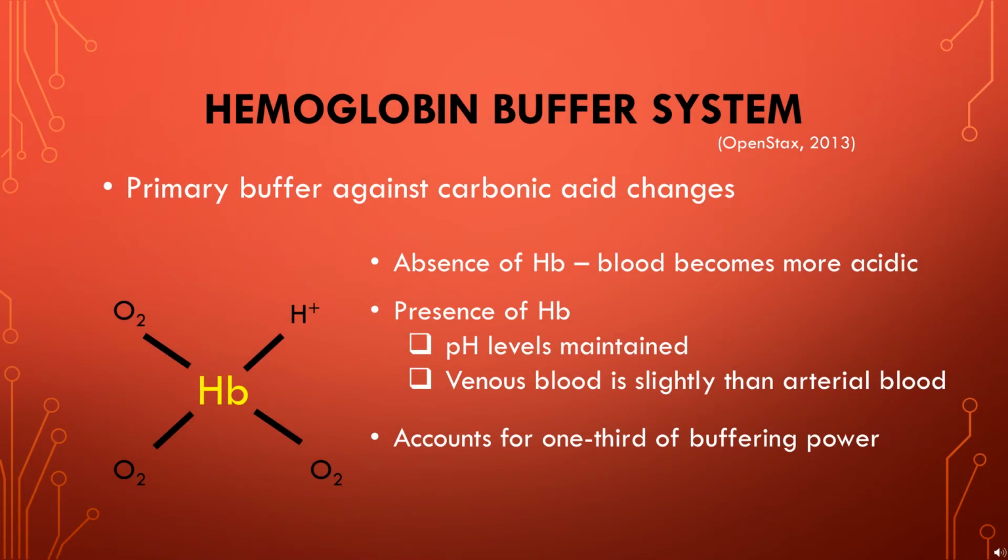The primary buffer against carbonic acid changes is the hemoglobin buffer system. Hydrogen ions generated from metabolically produced carbon dioxide are the main components involved in this buffer system. Carbon dioxide normally diffuses into the blood from the tissue cells where it is being produced at a continuous rate.